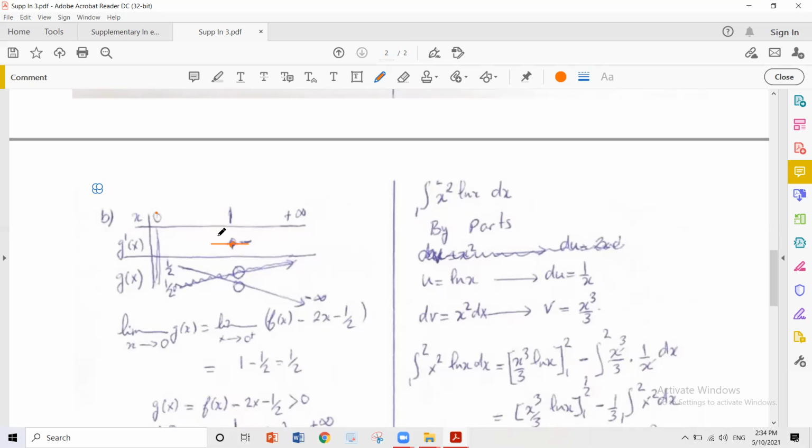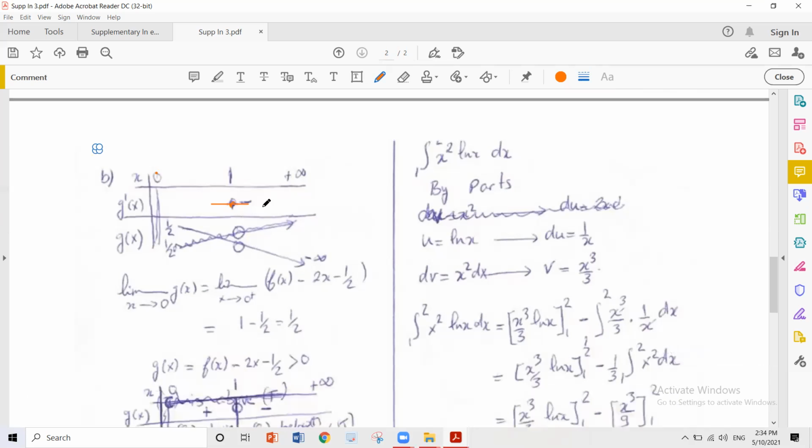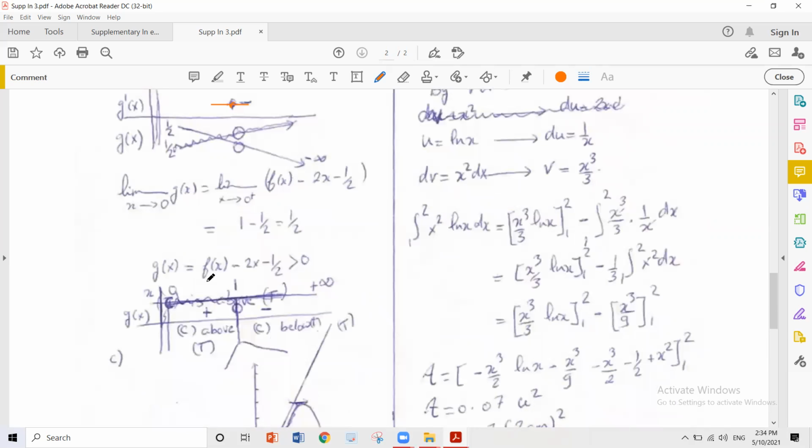What will be the sign? Positive. From 1 till plus infinity, G is decreasing from 0 to minus infinity. The sign of G is negative.